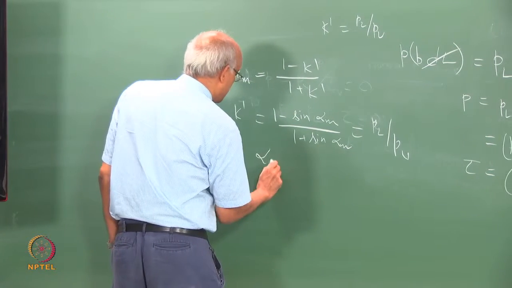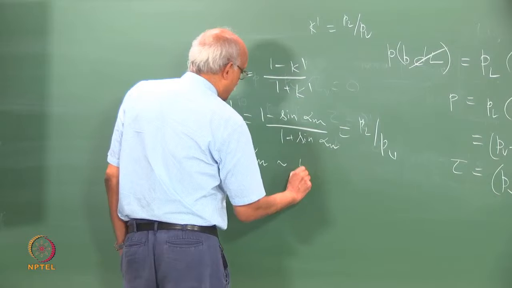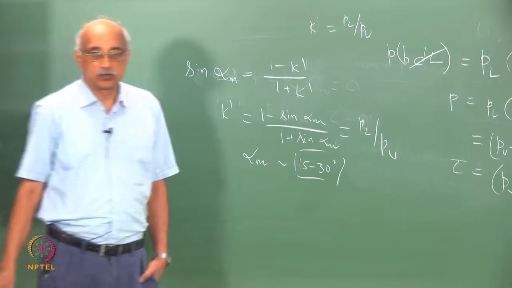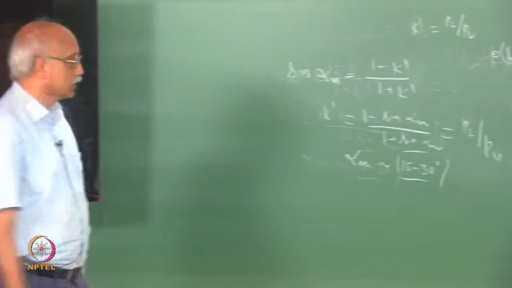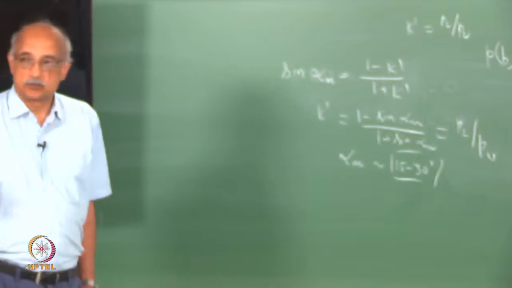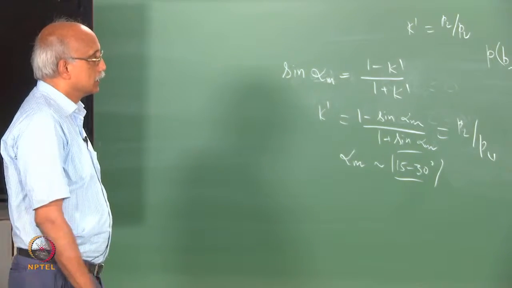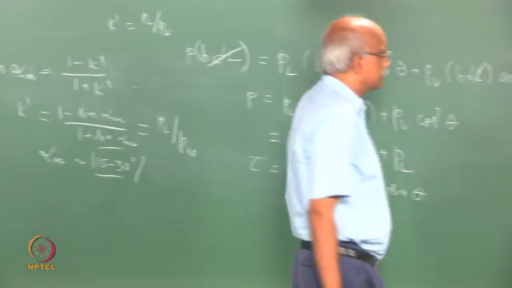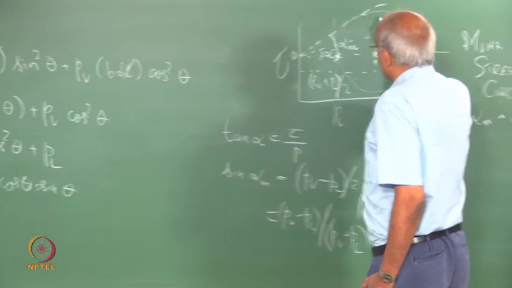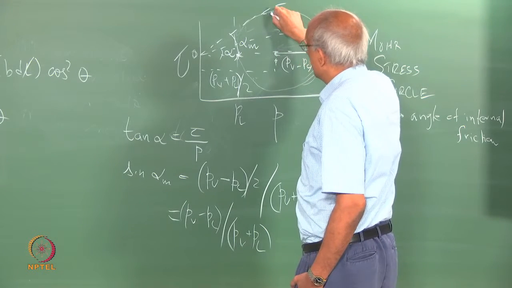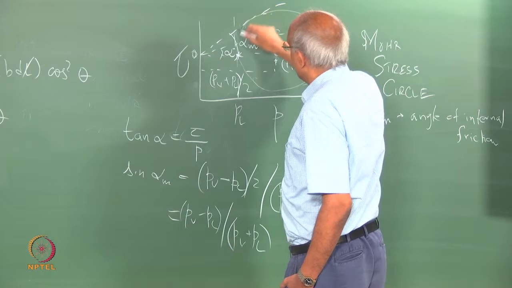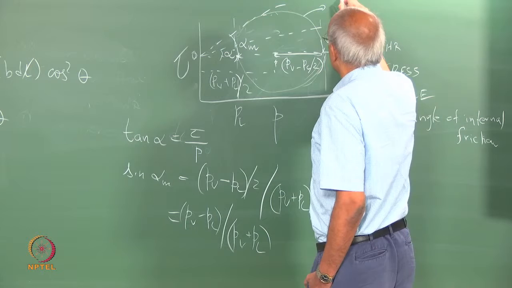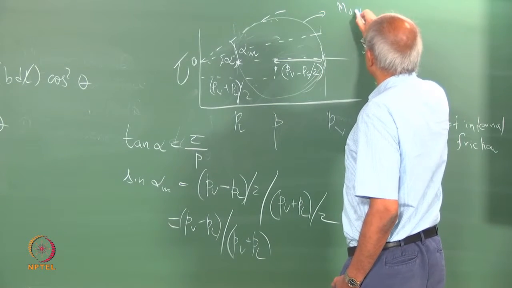So, this alpha m would vary somewhere between 15 to 30 degrees for a non-cohesive particulate mass. So, clearly tau has its maximum value at that value of alpha m, and the tangent line itself is known as the Mohr rupture envelope.